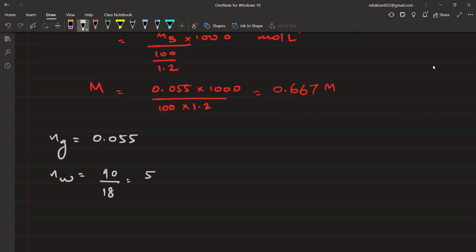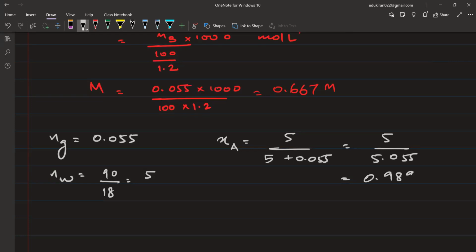So chi A, if I take for water, will be equal to 5 upon 5.5 plus 0.055, which will be equal to 5 upon 5.055. Correct? So what is this value you are getting? 5 divided by 5.055 will be equal to 0.989.